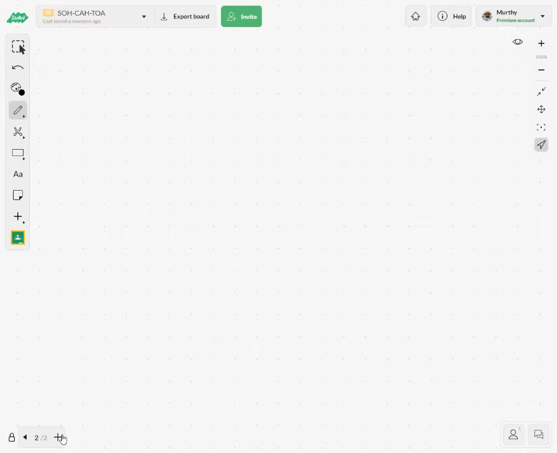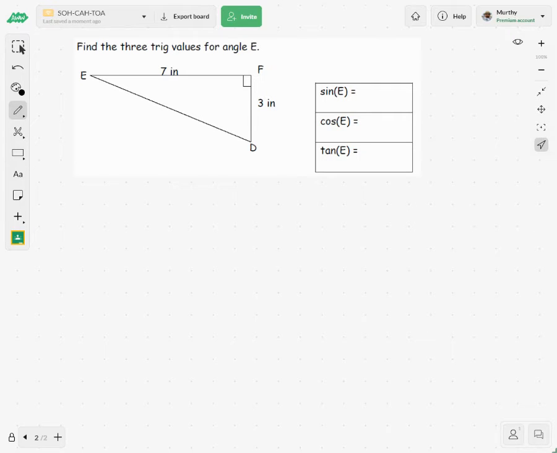So let's find three trig values for angle A. Let me think of this one, which is SOH. So sine equals opposite over hypotenuse. Let me write in detail here. Just in brief, I am writing.